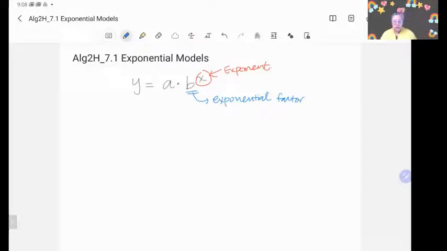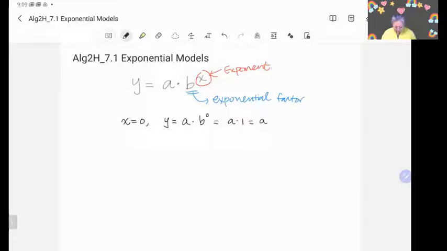Then another characteristic that we notice from the exponential function equation is, think about the case the input is 0. If x is 0, then y is whatever the a is as a leading coefficient times the exponential factor b raised to the power of 0, and anything raised to the power of 0 is 1, so it becomes a, right?